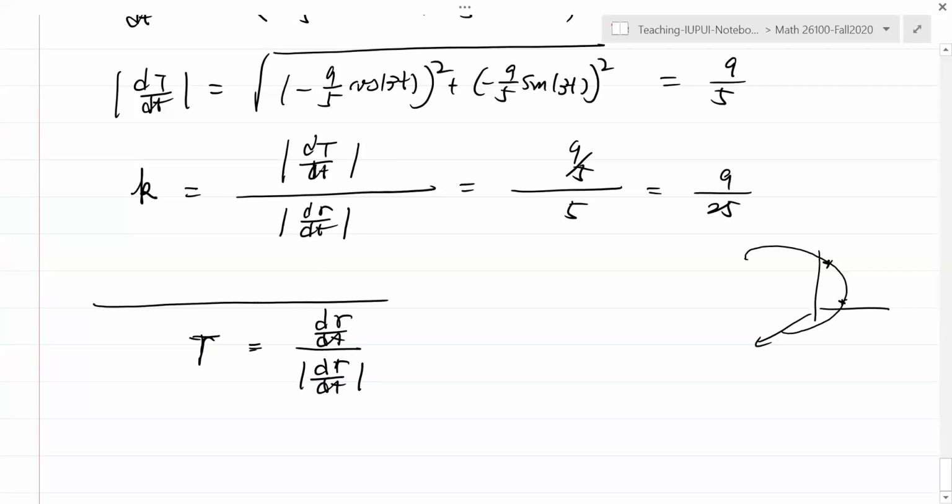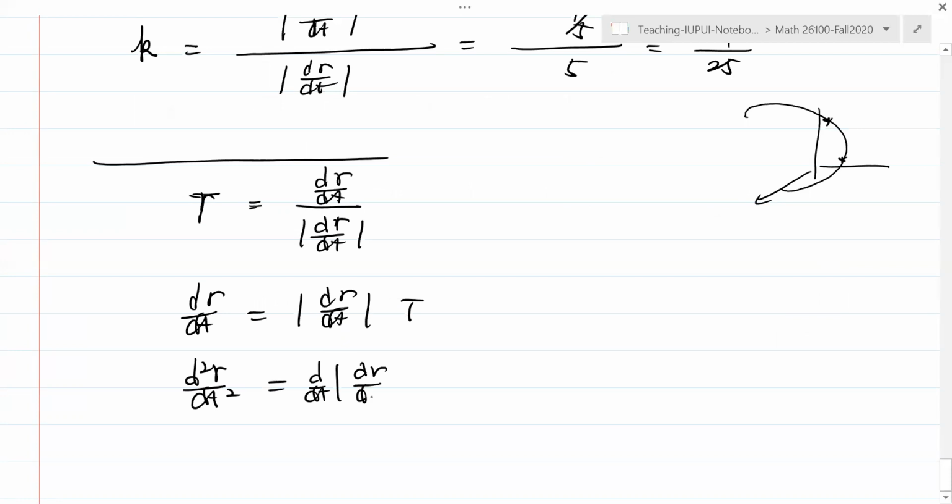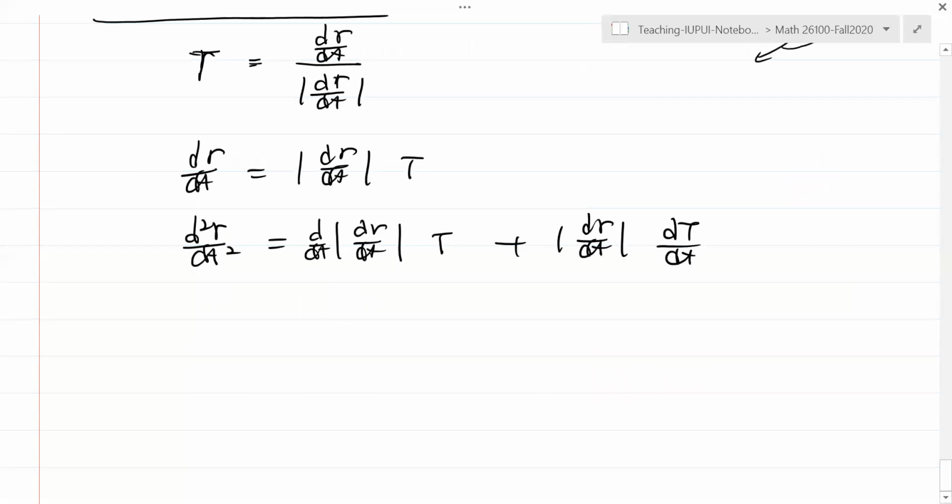Using this formula, I can express it, and then differentiate both sides with respect to t. First of all, I have the derivative of this bad part, that's okay. Then I have the other term. All right, that's good.